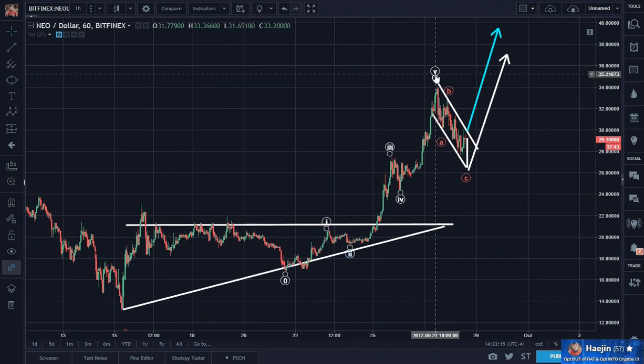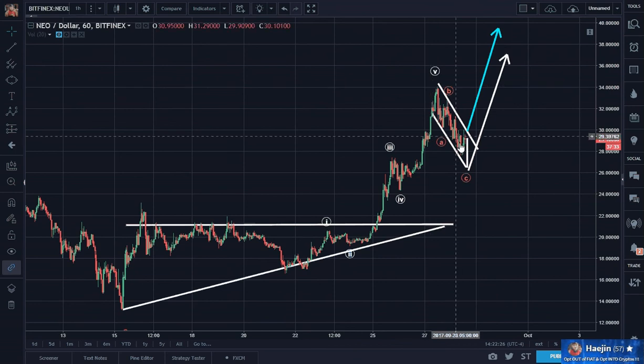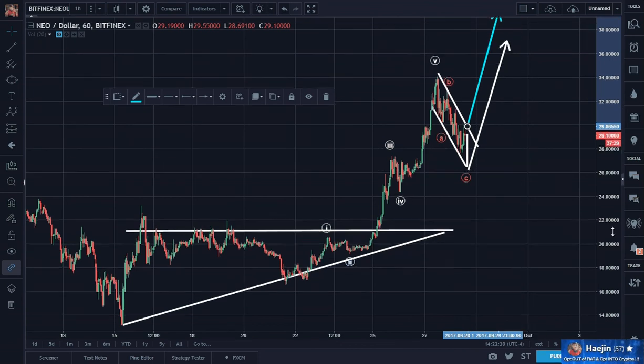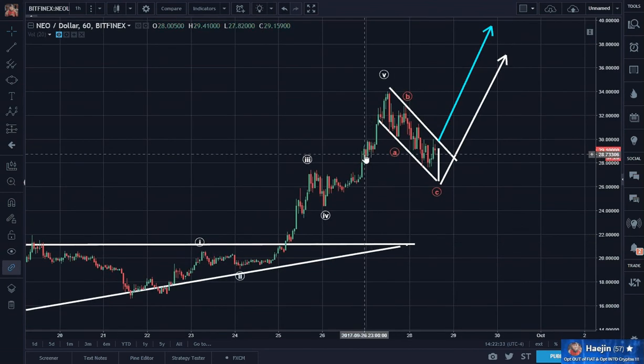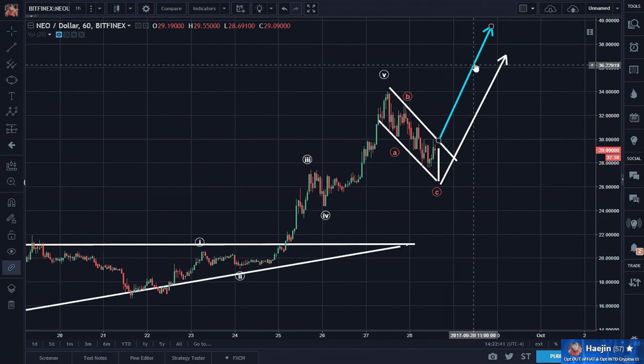NEO made its wave 5 top last night, while Bitcoin didn't until, I think, overnight. NEO could be finished with this requisite ABC, maybe one more dip to 26, and then start rising.